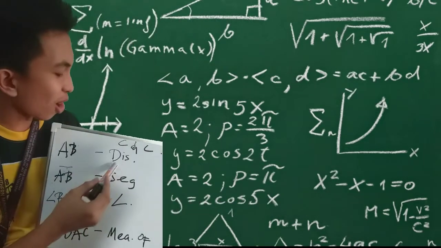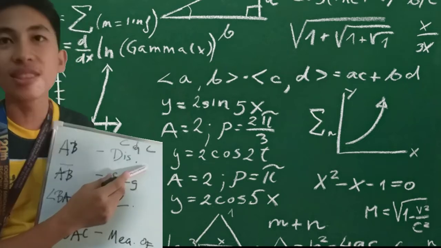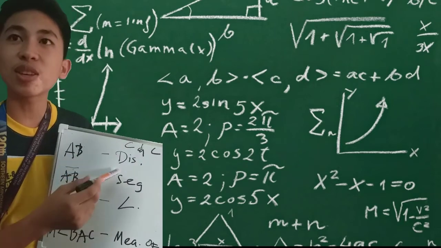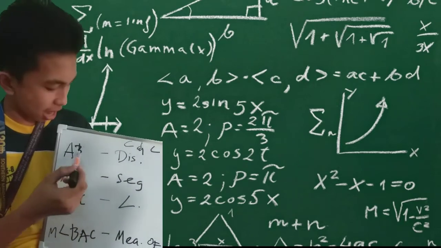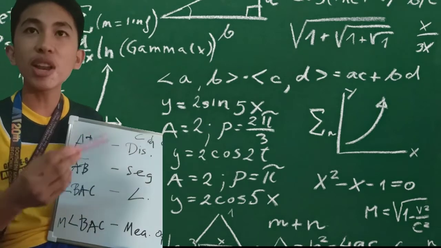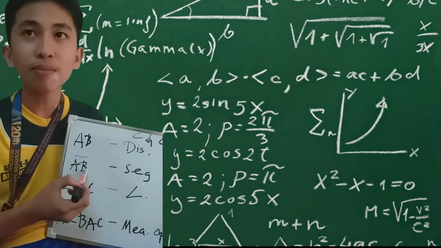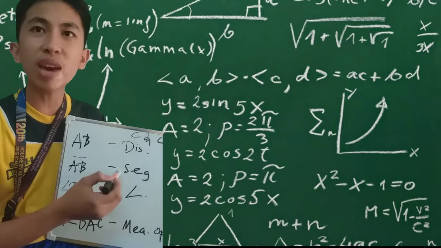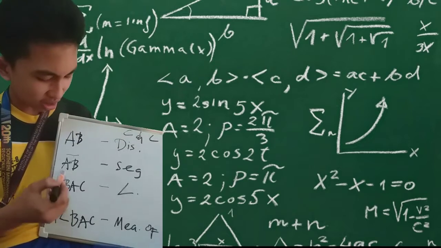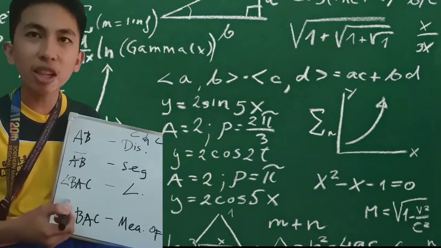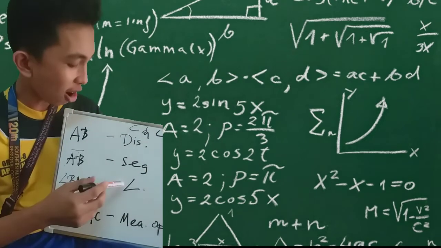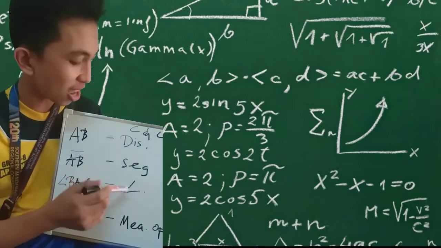So now we're talking about correspondence and congruence. This symbol AB means the distance between points A and B. And the next one, the symbol for line segment AB, means the segment whose endpoints are A and B. And this one, angle BAC, means the angle whose sides are ray AB and ray AC.